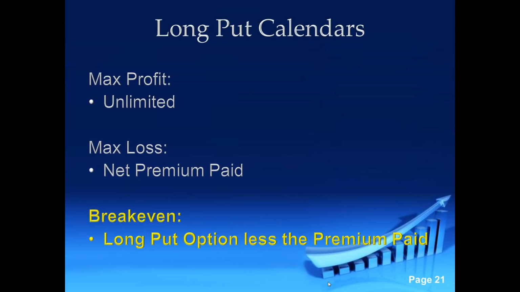Now our break even is our long put option minus the premium paid. So if we pick the 100 strike and we paid $1, then our break even is when the underlying is trading $99. Okay, so our break even is the strike minus that premium we paid. Break even is always going to be to the downside of our strike.